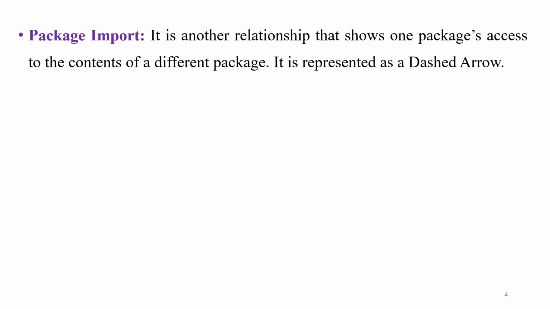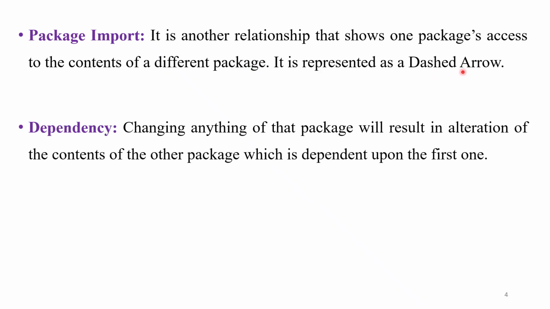Package import means we are trying to access the content of different packages. It is represented with a dashed arrow. That means we are providing the relationship between two different packages. The relationship must indicate whether we are importing, showing a dependency, or have some other type of accessibility or hold on other packages.